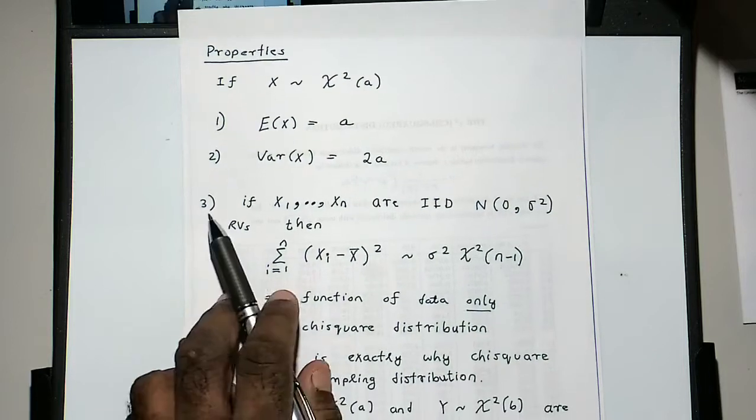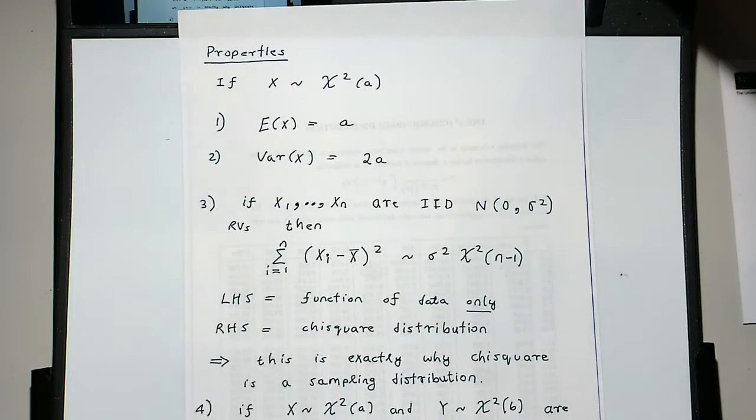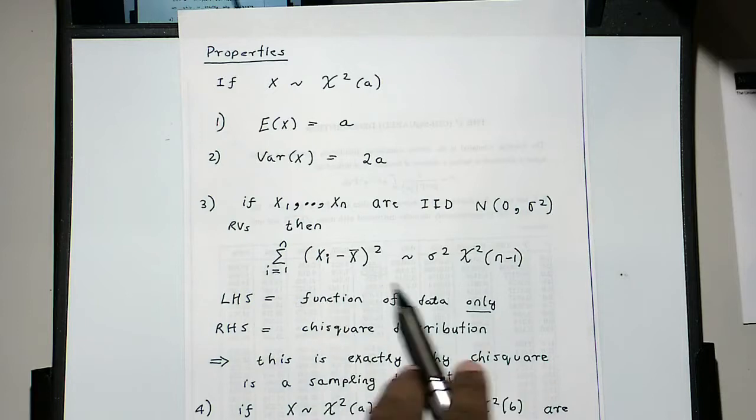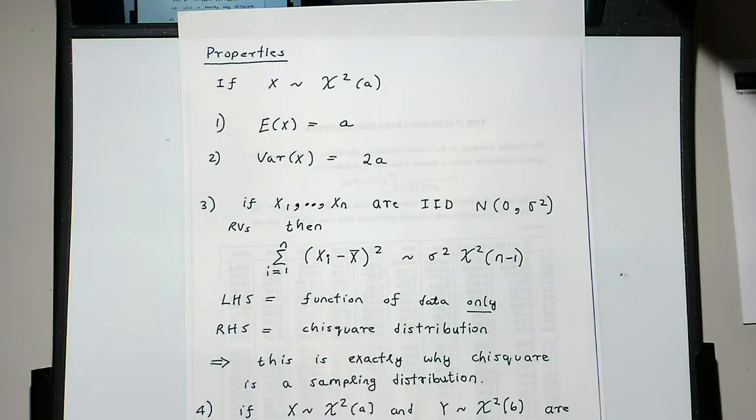And this property is exactly why the chi-squared distribution is a sampling distribution, because on the left-hand side of this equation, you have a function of the data only, right?